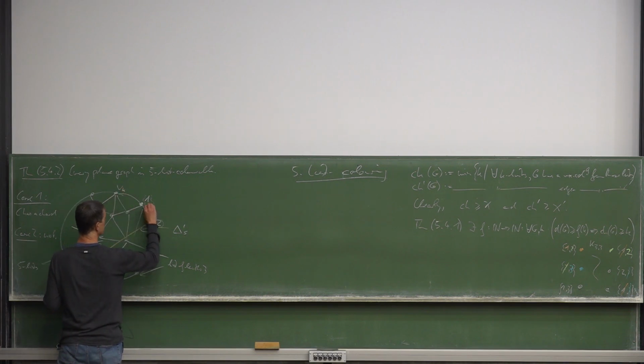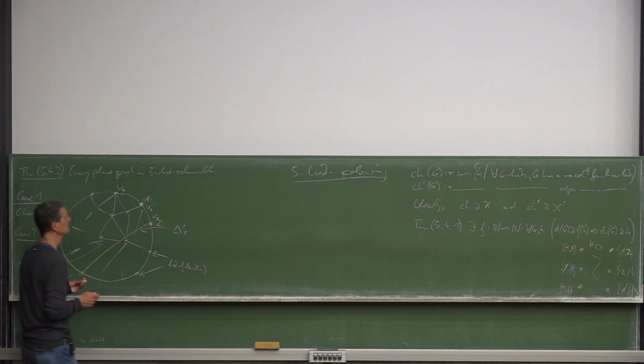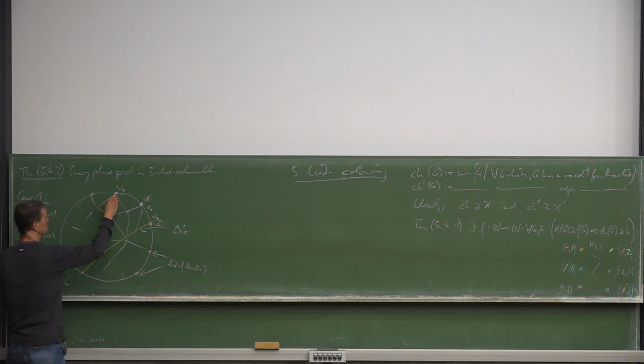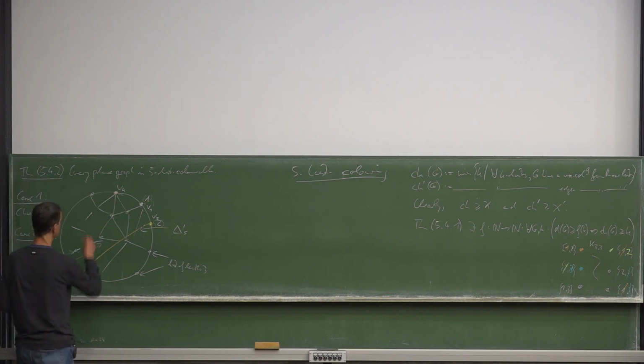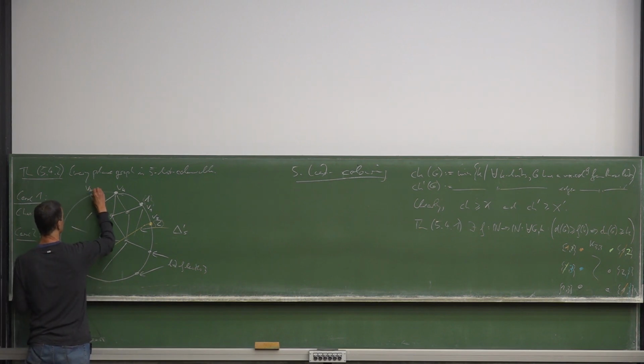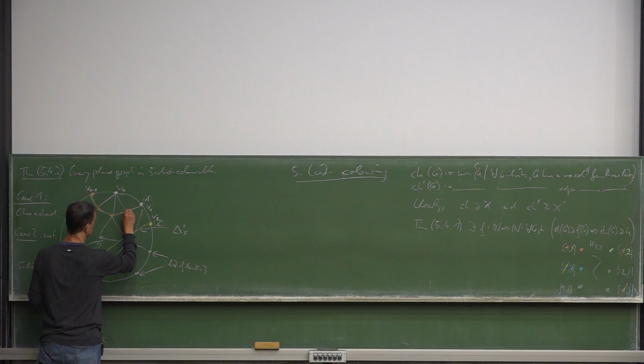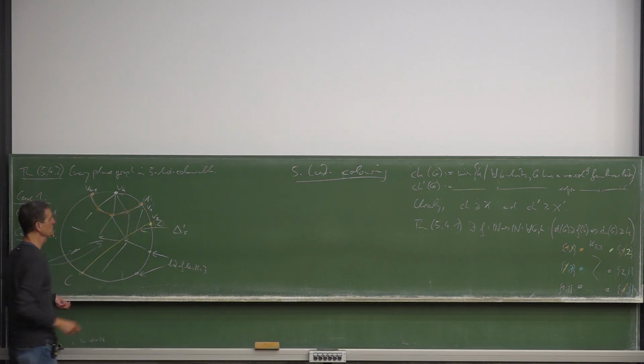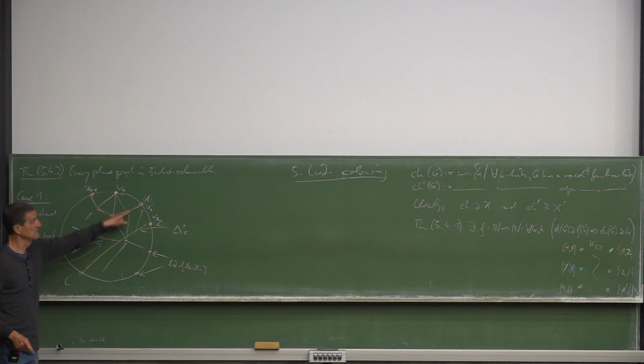So if this is v1, this is v2 perhaps. So the last vertex vk, and consider all its neighbors. There's a path from vk minus 1 amongst its neighbors here.